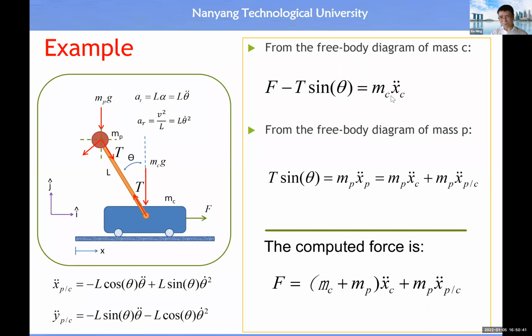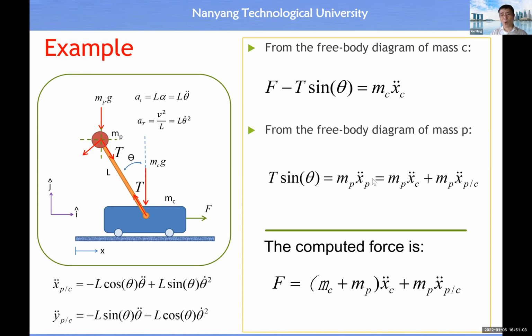For the ball, what should be the net force acting on the ball in the x direction? In this case, there's only the horizontal component from the tension force, only one component, T times sine theta. This will contribute to the acceleration of the ball, by this mass.